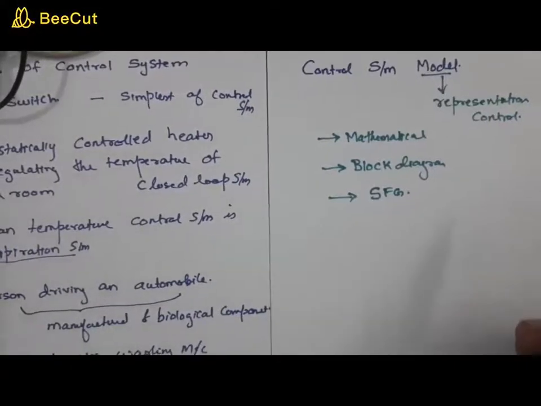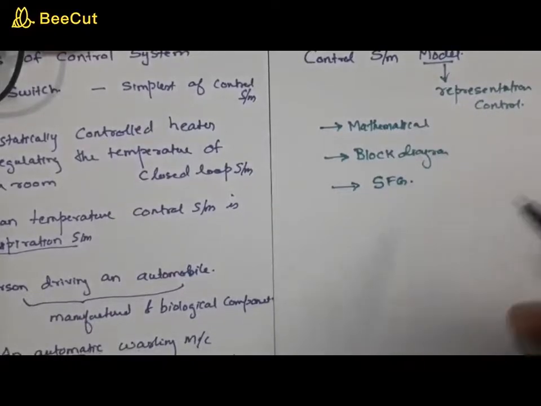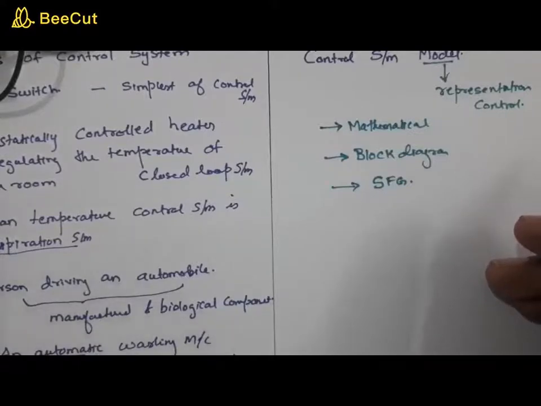Now for this mathematical model, you know that any system will have an input as well as an output. A control system will have an input which is your desired or set value. As I mentioned in the case of an air conditioner, 24 degrees Celsius is the input that you have given to the system, and the output varies and is measured periodically.